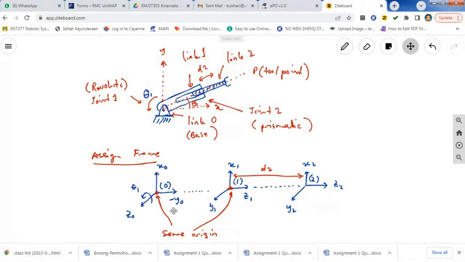So what do you see? We see that Z for joint 1 is perpendicular to our screen. Now Z changes to horizontal, changes to the right.